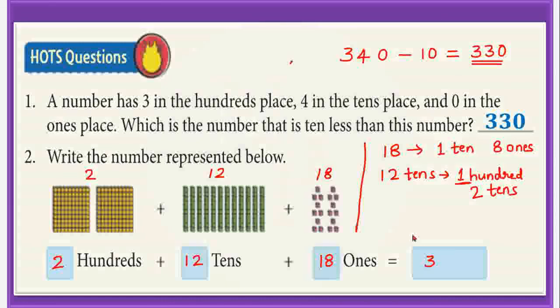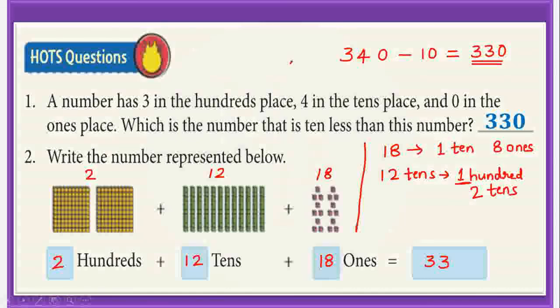So when we regroup 18 ones as 1 ten and 8 ones, that 1 ten should be added to the tens we had here. After regrouping, the 100 is sent to the hundreds place. So we had two tens, and adding 1 ten to the two tens, we get 3 tens. I will write 3 here.